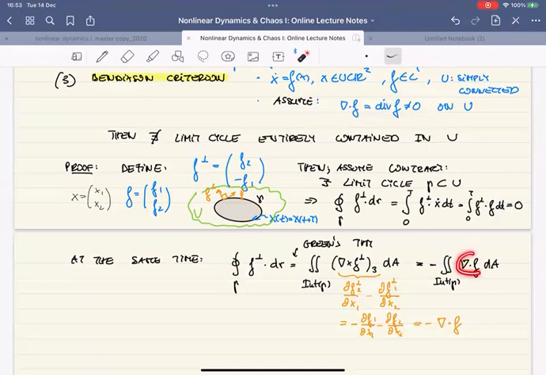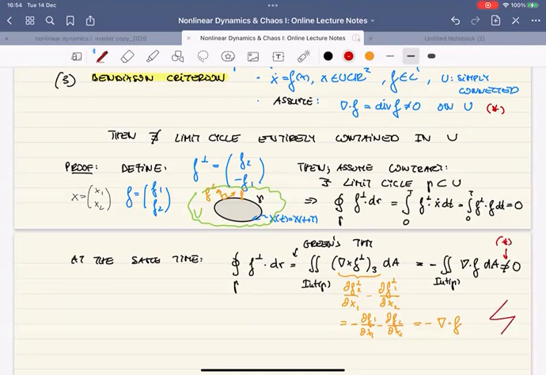So therefore, this function has a constant sign over that, which is non-zero at each and every point. So when I integrate a function of the same sign, then definitely this is non-zero, right? Because at each and every point, the function is non-zero and has the same sign by assumption. And that just comes from this assumption, let's call it star. So that's the implication of the star assumption.